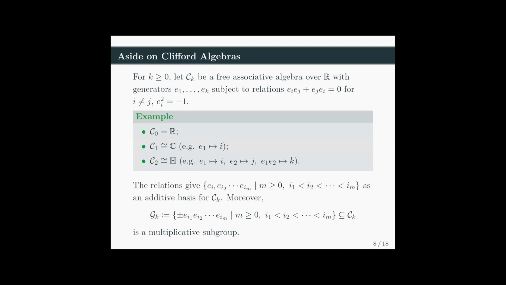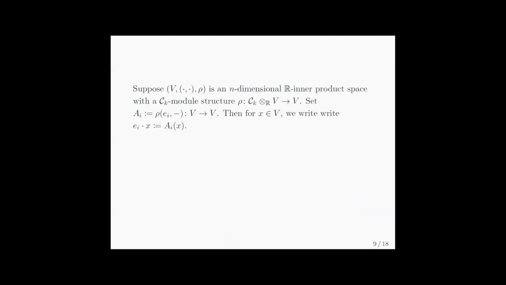This is not really that important, but just for two slides, remember what this Gk is, don't forget it. Now give yourself an inner product space with a Ck module structure, which I'm calling rho. And I'm going to write A sub i for the automorphism of the vector space given by the ith generator of the Clifford algebra under this module map.